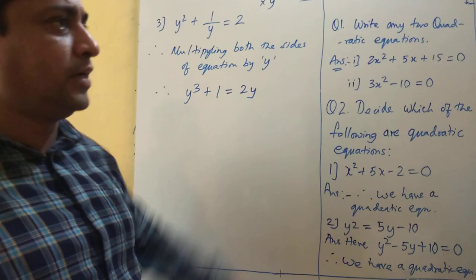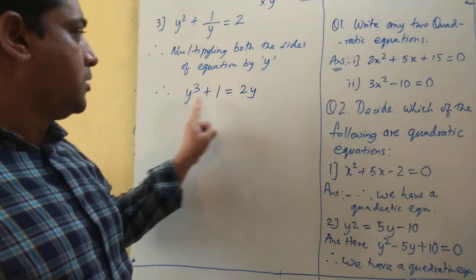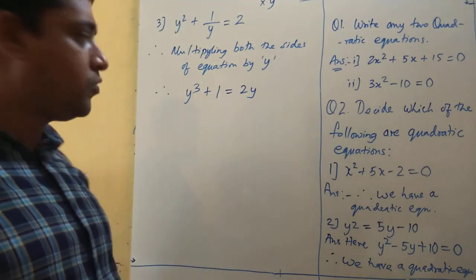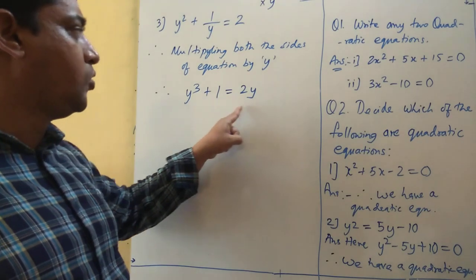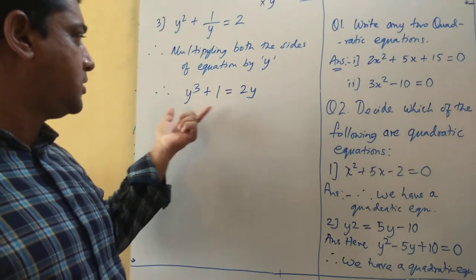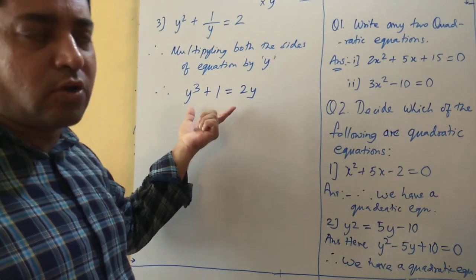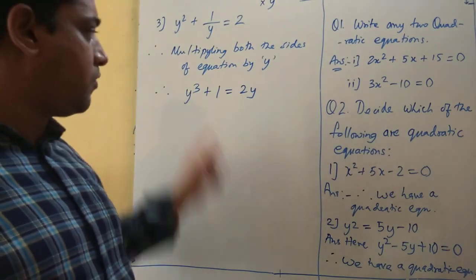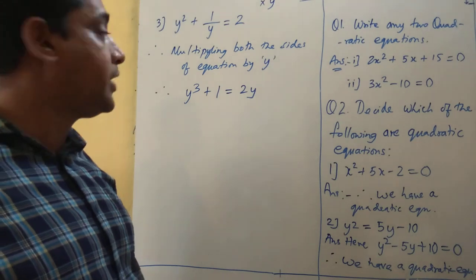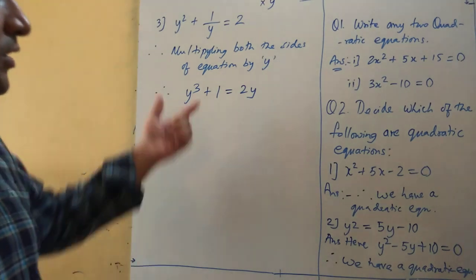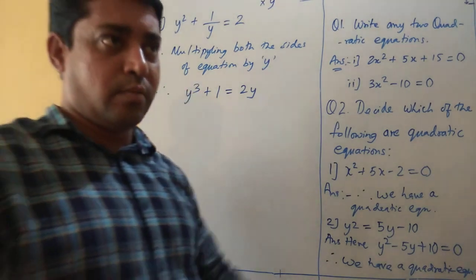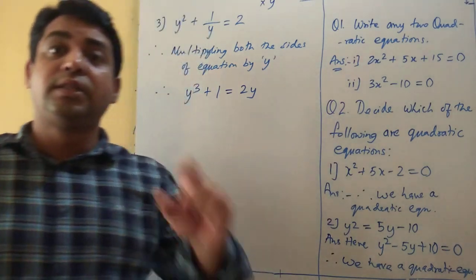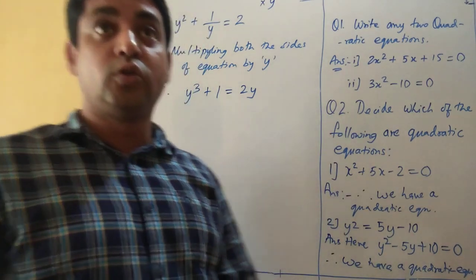So I multiplied the given equation by y. You get y cube plus 1 is equal to 2y. Now once you have seen this equation, it's not a quadratic equation. Why? You can see the degree of the first term, it's y cube. That means it ceases to be a quadratic equation, because for a quadratic equation, the index should not be more than 2.